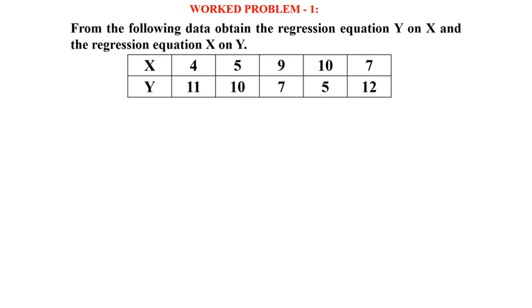So here we have to compute bxy and byx. For that I am using the direct actual mean method. So small x and small y are computed, and along with that small x square, small y square, and small x into small y have to be computed, as we have done in the case of the correlation coefficient.